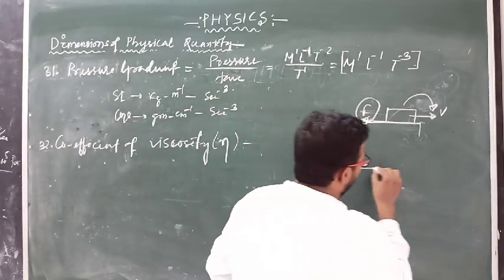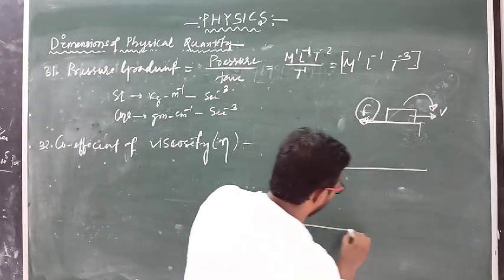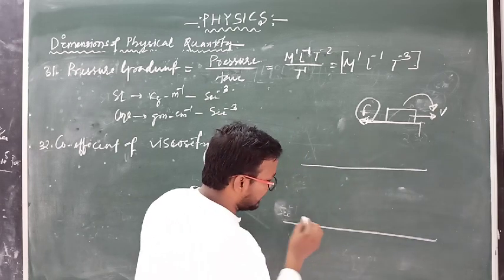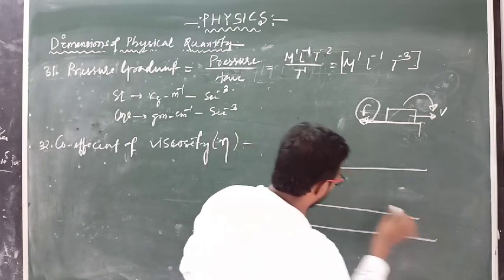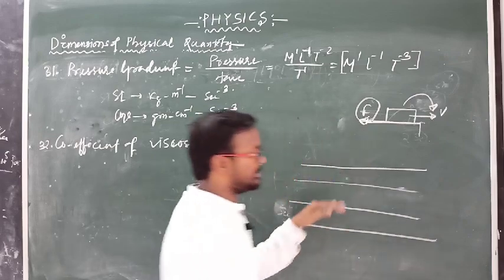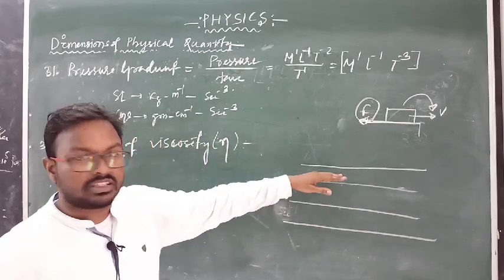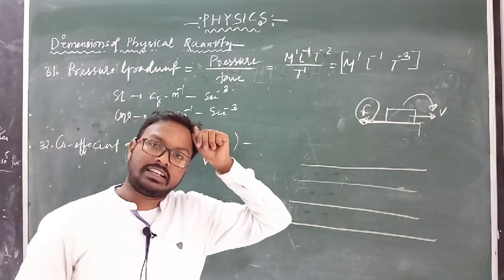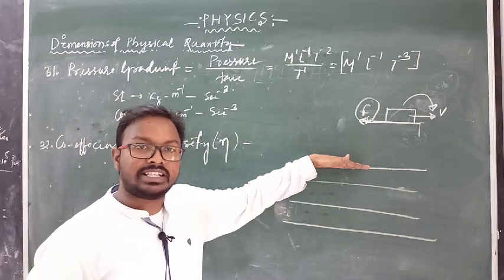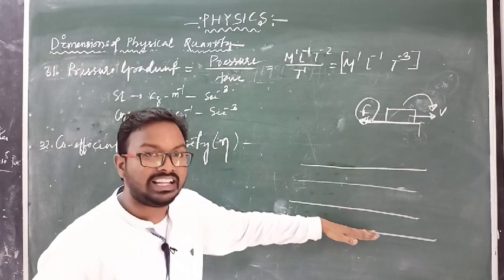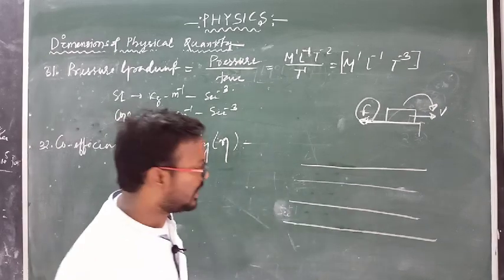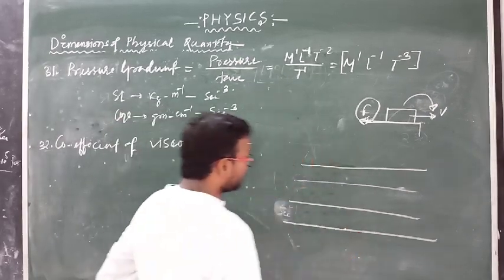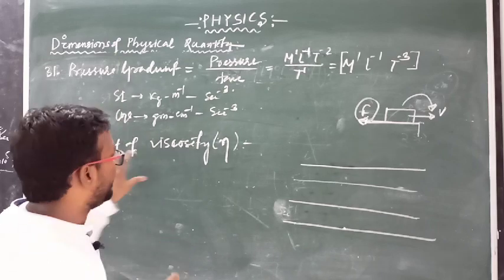Clear? Okay, but in the liquid case there are different layers of liquid. Suppose this is the topmost or upper layer, this is the ground layer. These are the layers of liquid, like water flowing in a canal: first layer, second layer, third layer, fourth layer. The speed of the liquid is higher in the topmost layer, but in the bottom-most layer the speed of the water is lower. Clear? So in this case we have to derive a relation for the coefficient of viscosity.